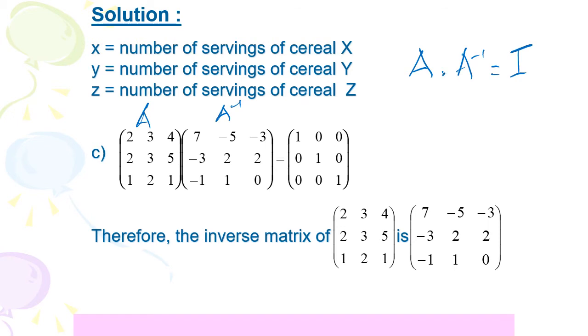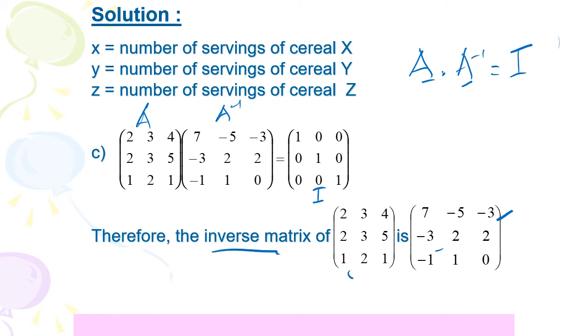So we should check whether the multiplication between A and its inverse gives identity. So after you do the multiplication, directly we get identity as the result.